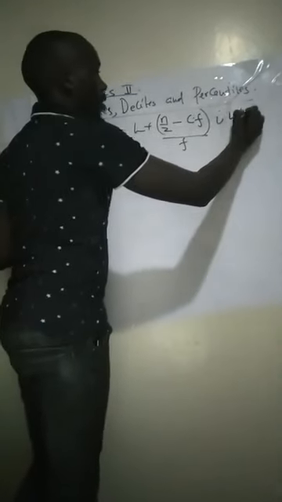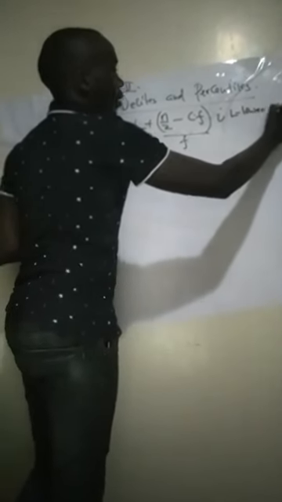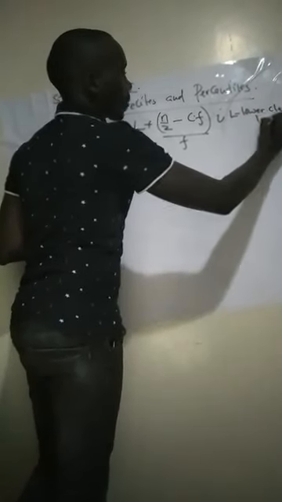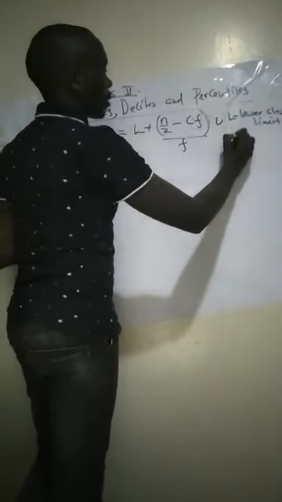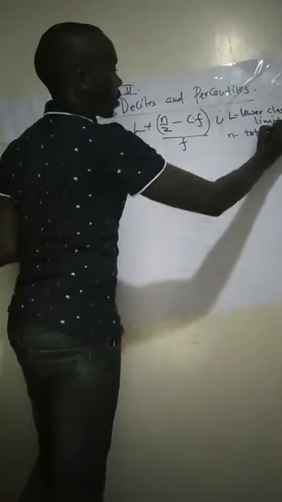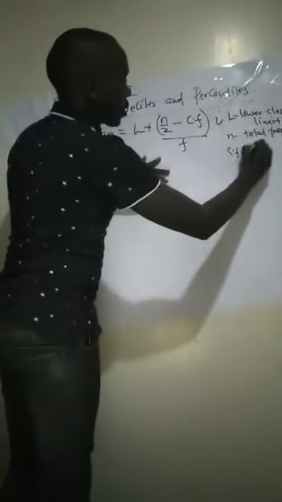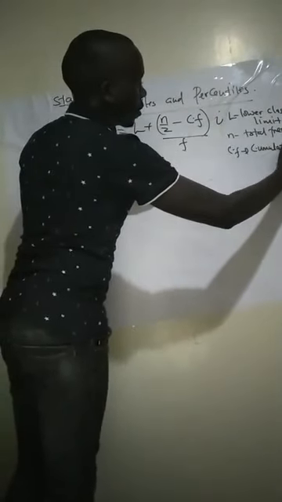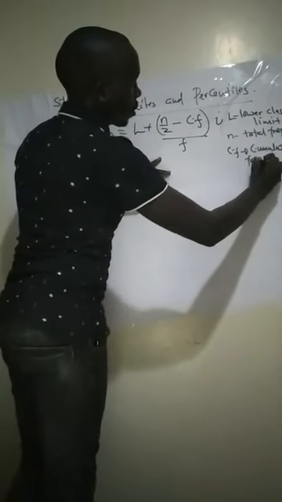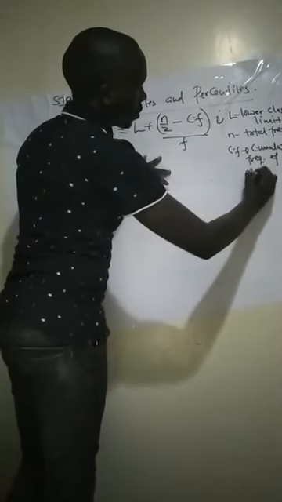Maybe I can just briefly indicate what it all stands for. So let me write them here. L is the lower class limit. N is the total frequency. CF is the cumulative frequency of the median class.